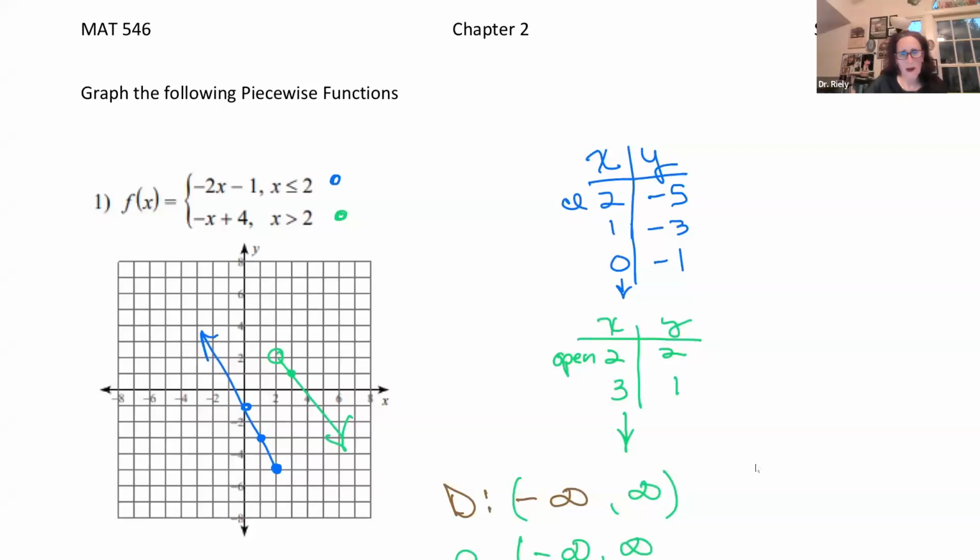Okay, so this is what mine looks like. Does that look like what you have? No, I'm a little off. Okay, that's okay. So where are you a little off? I think I went up a little higher on the blue.